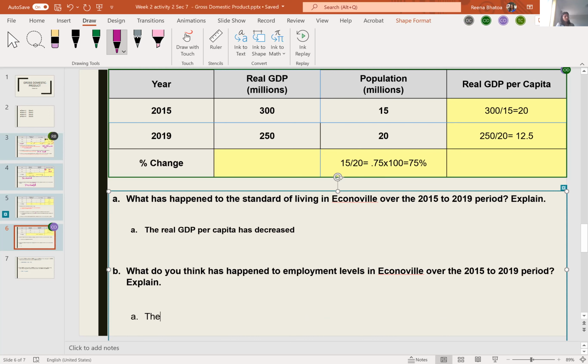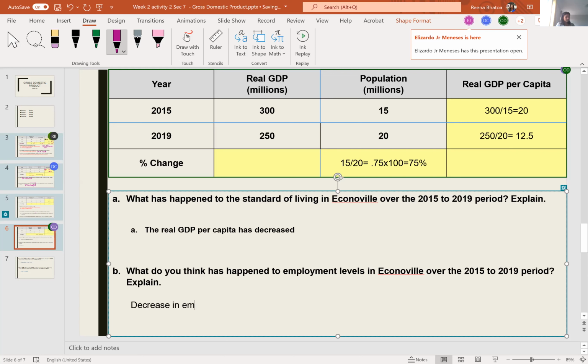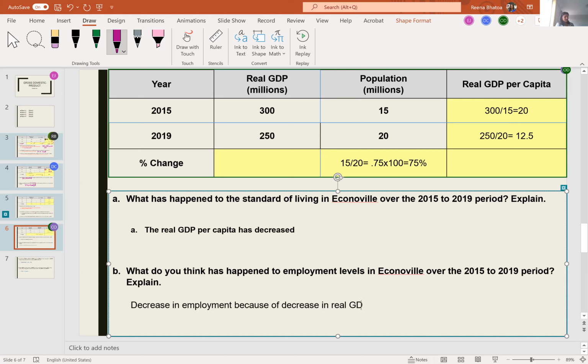More people means more income. So decrease in employment because of decrease in real GDP. Okay, no real GDP means no production. No production means no job requirements.